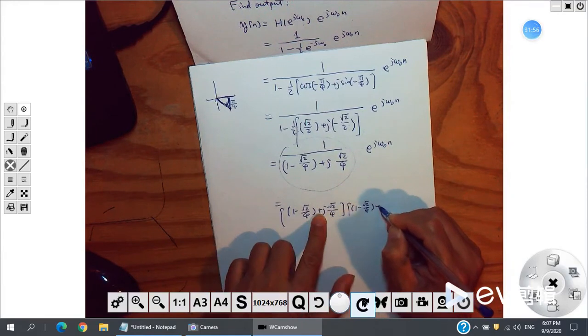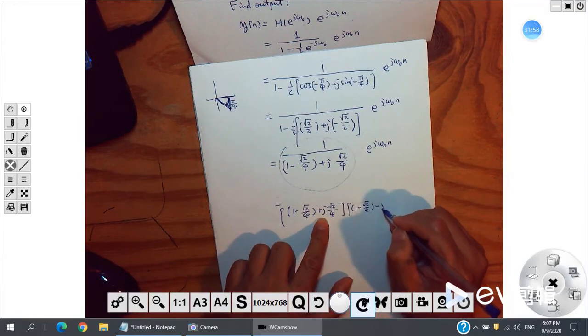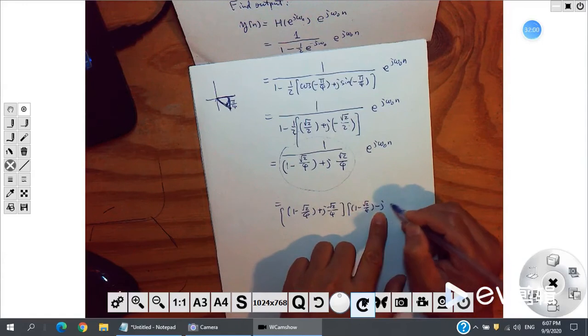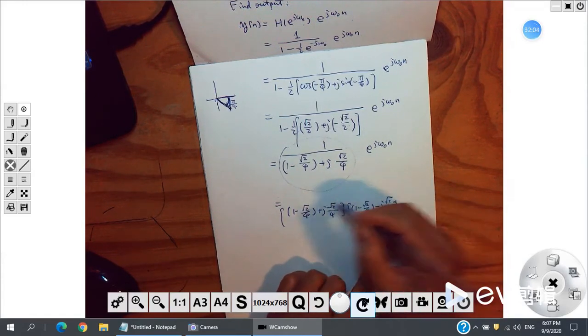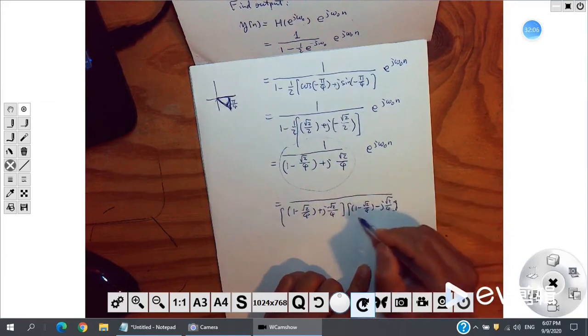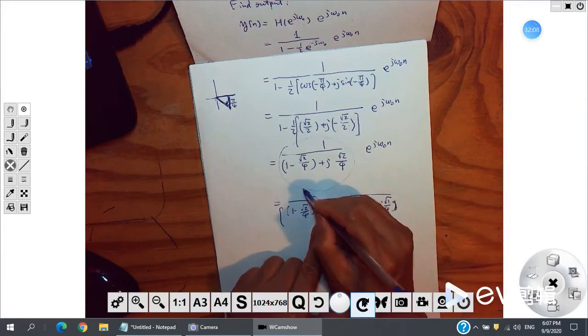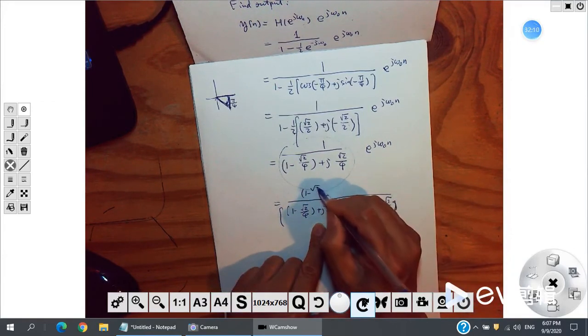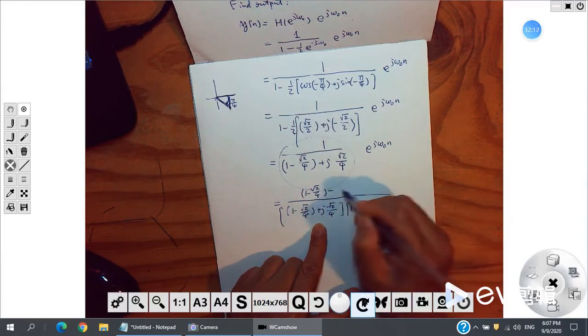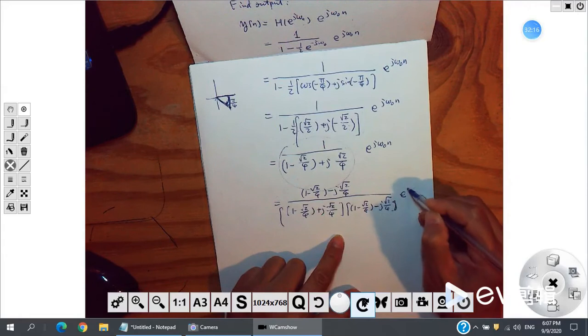If here's a plus, you change it to minus; if here's a minus, it will be plus. You multiply this in the denominator, and you also need to multiply this in the numerator. And this is the same thing.